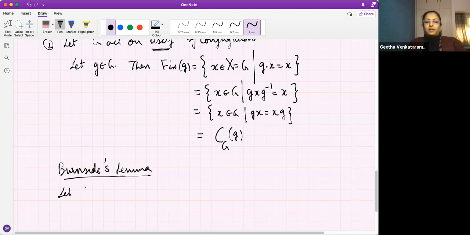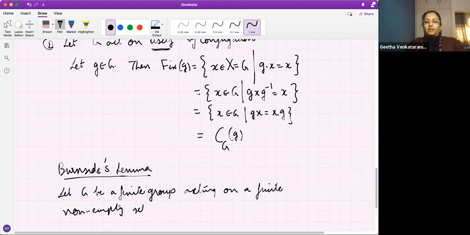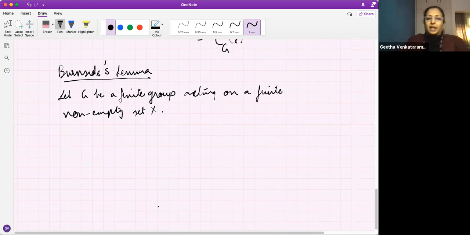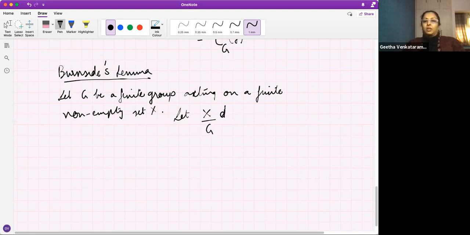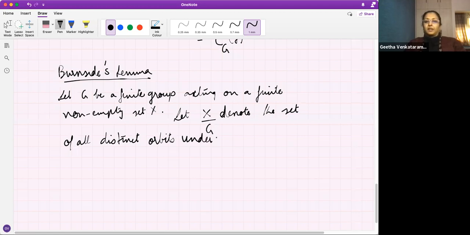So let G be a finite group acting on a finite non-empty set X. And let X by G denote the set of all distinct orbits under this action.